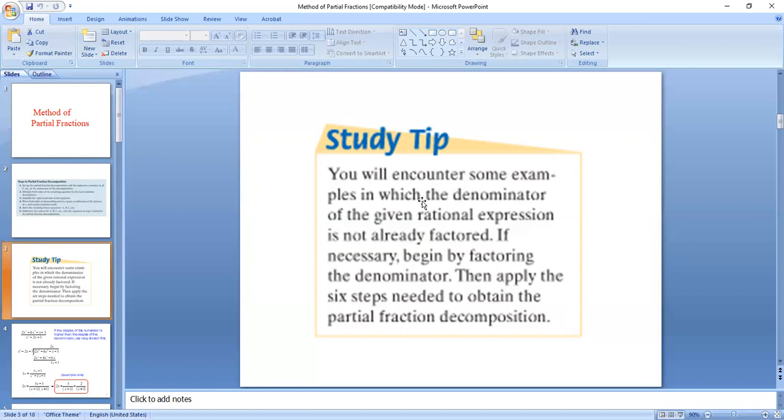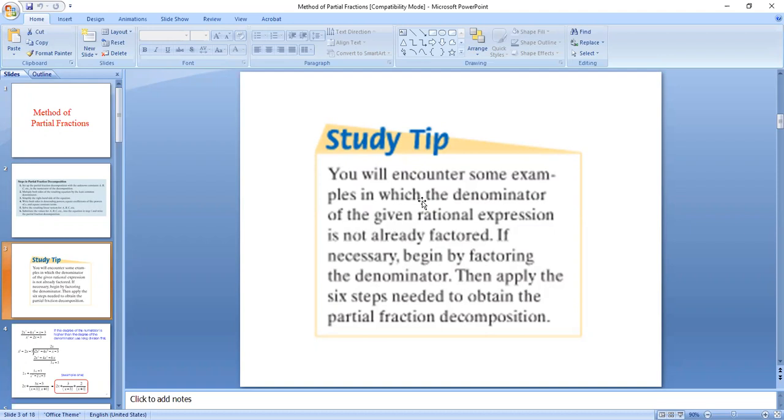They are not factored. So if they are not factored, you have to make sure that, if possible, you factor both the numerator and the denominator. That way, if there are common factors, you can cancel them out, and that simplifies your given integral before you proceed to the 6-step process.